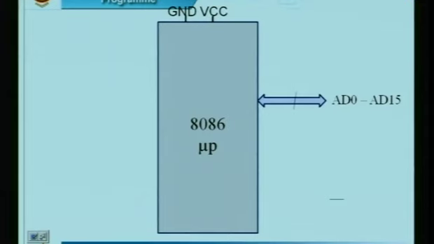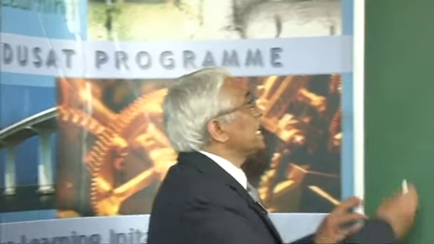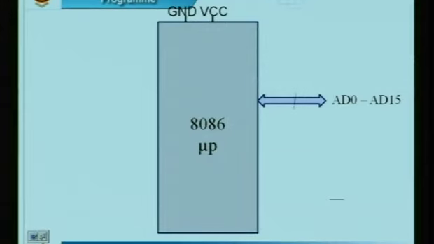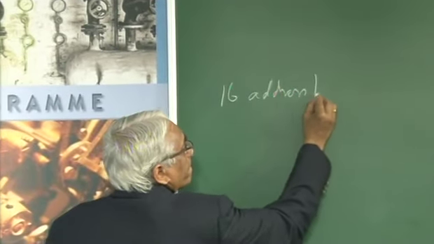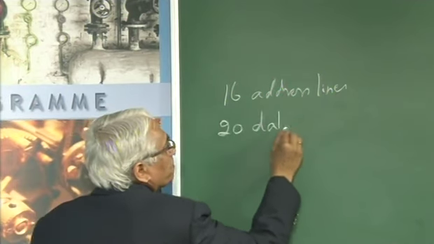Why do we need to know about the pin configuration? Once you know the pin configuration, it is possible for you to interface to external devices. So, the best option is to try to understand how this particular pin configuration is arranged. The 8086 has 16 address lines, but 20 data lines.